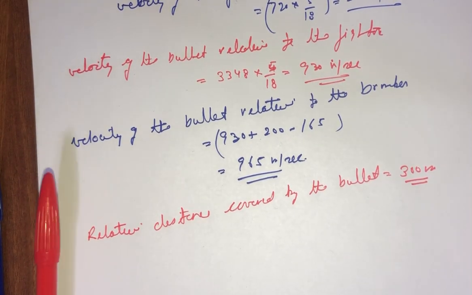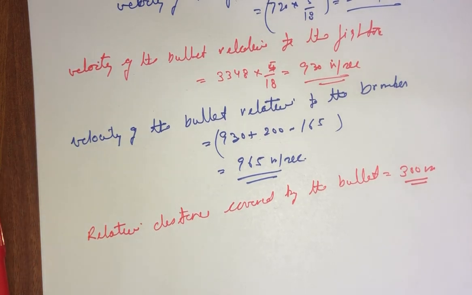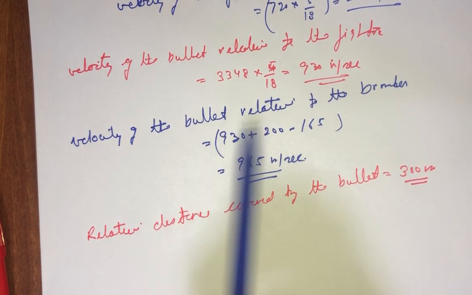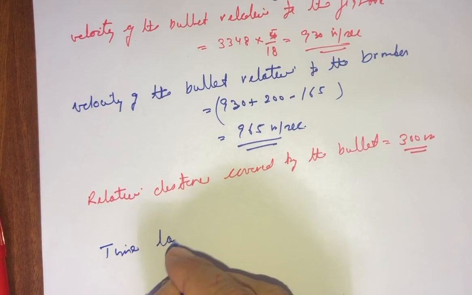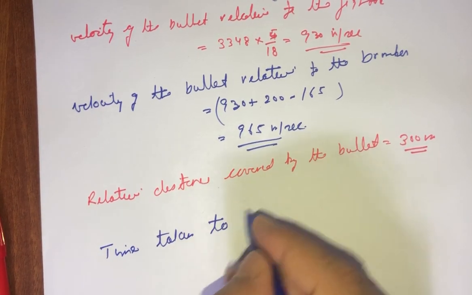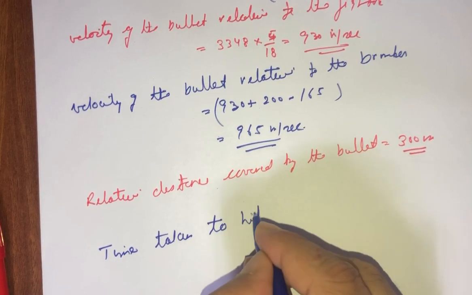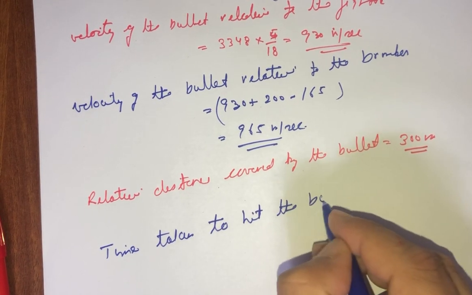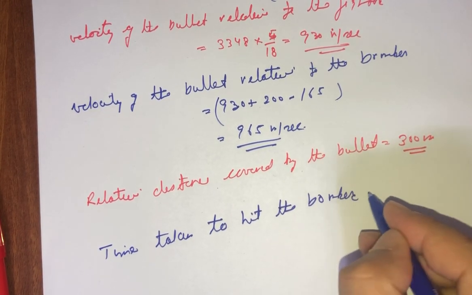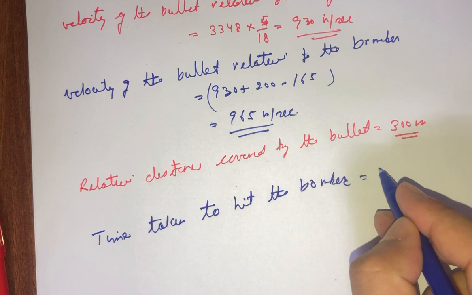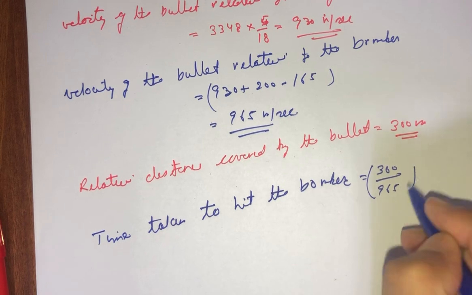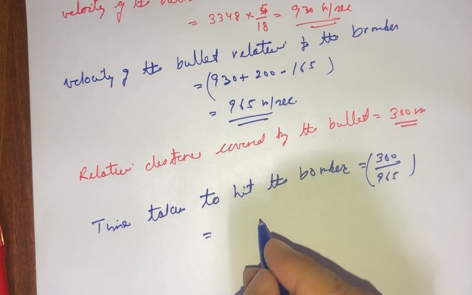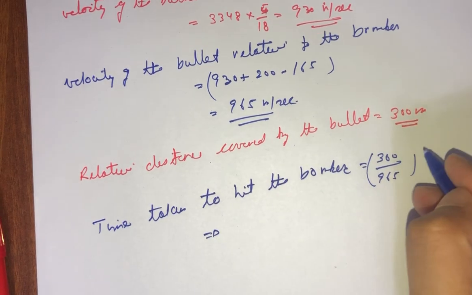It means the time taken we can calculate, because we already know the velocity of the bullet relative to the bomber is 965. So the time taken to hit the bomber will be equal to 300 divided by 965, and let us suppose this is T.